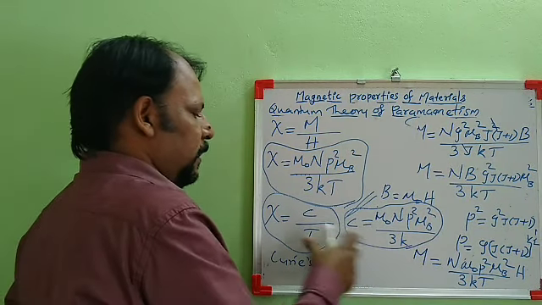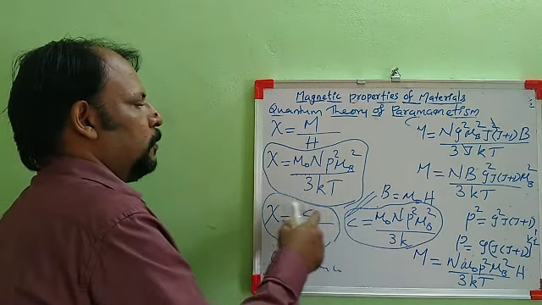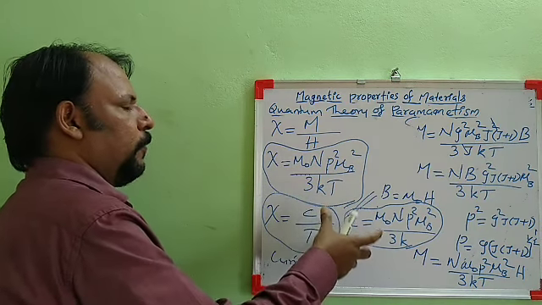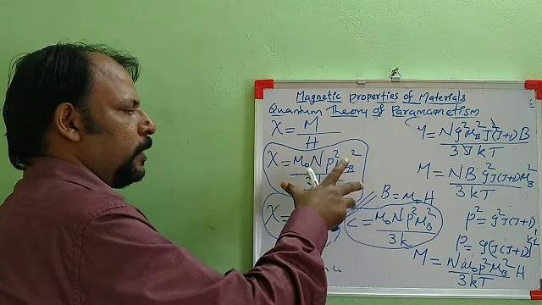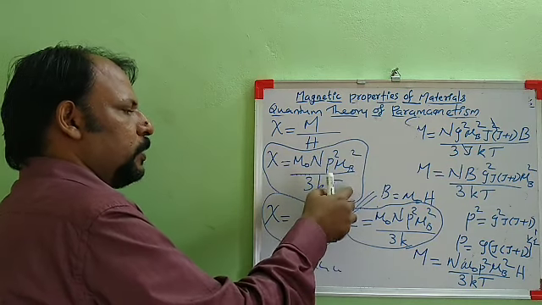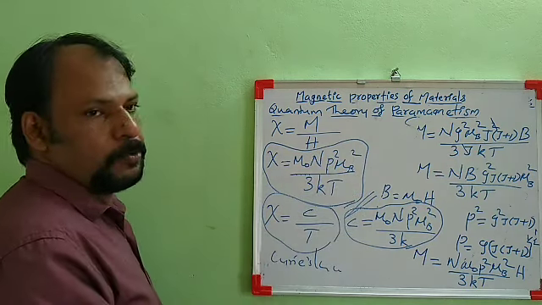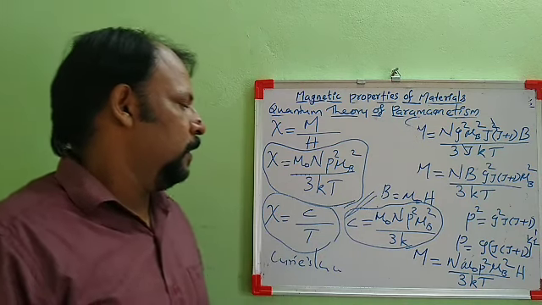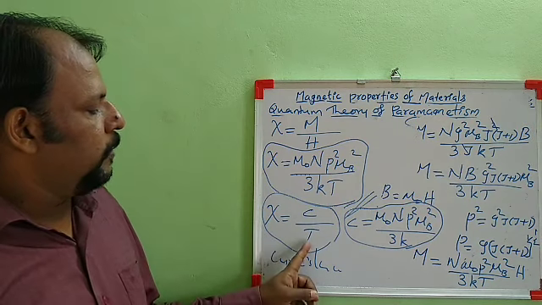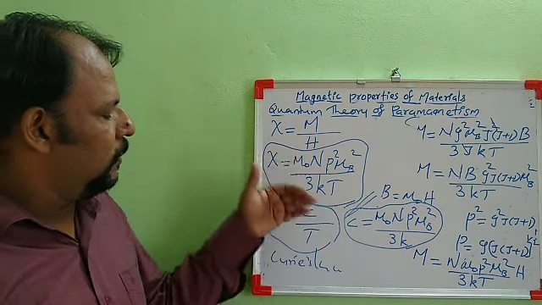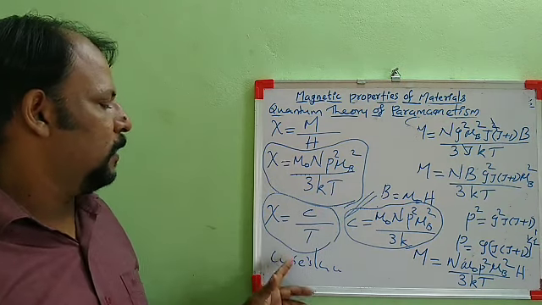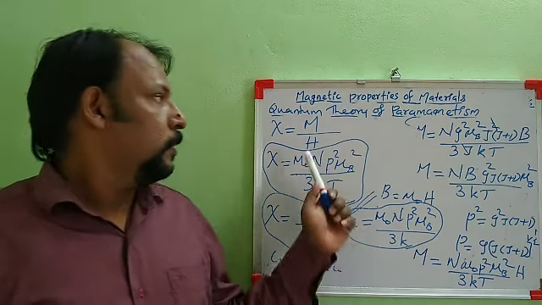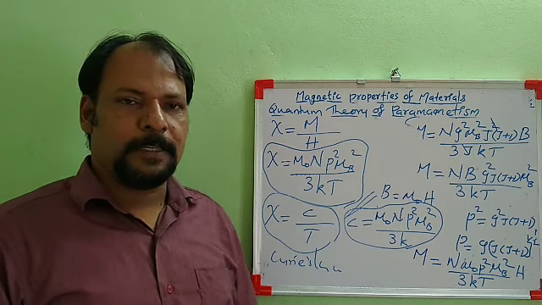So this equation gives the susceptibility for paramagnetic substance, and we can show that for S equal to 1 by 2 case, this equation reduces to the previous one for susceptibility. So this equation represents the variation of susceptibility with the temperature. As temperature increases, the susceptibility decreases, and this equation is called Curie's law. That's what about quantum theory of paramagnetism. Thank you.